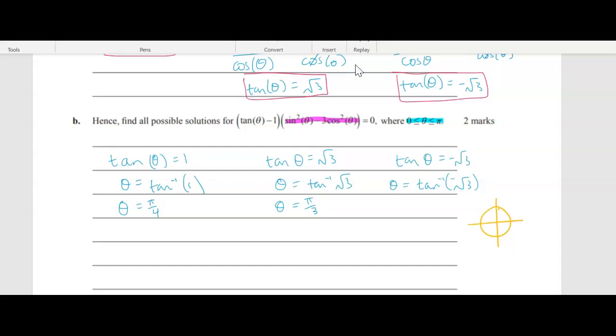So first of all, we're going from 0 to pi. Tan is only negative here. So our solution is going to be pi minus pi on 3 because we're in this quadrant. So that's going to be 2 pi on 3. So we've got our 3 solutions. We don't have to rewrite them again. You can just put a little square around them, like so.